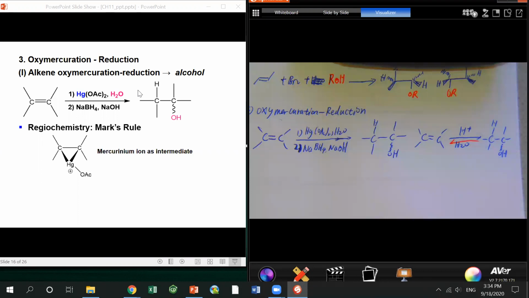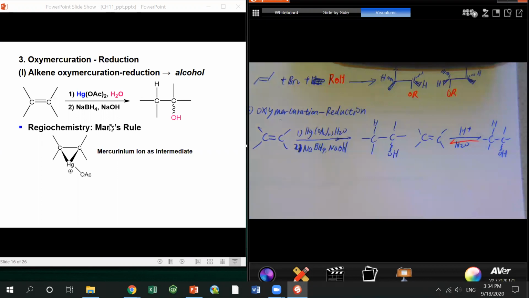This one has no problem: if you follow this reaction condition, you get a pretty high yield of the alcohol. It is irreversible.